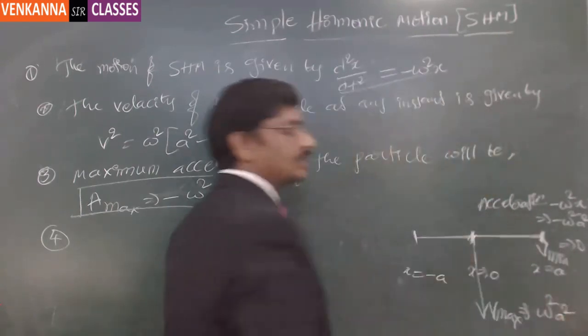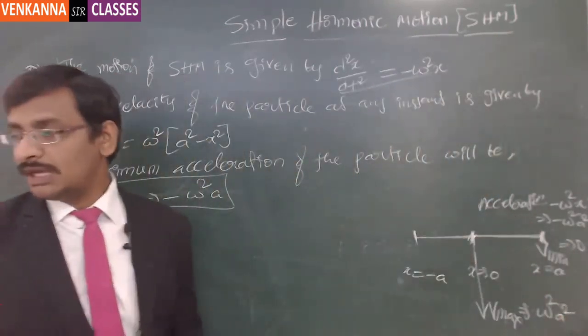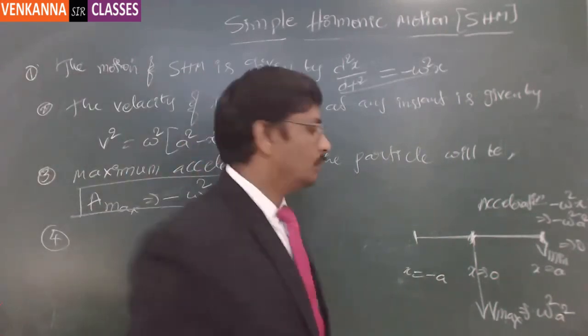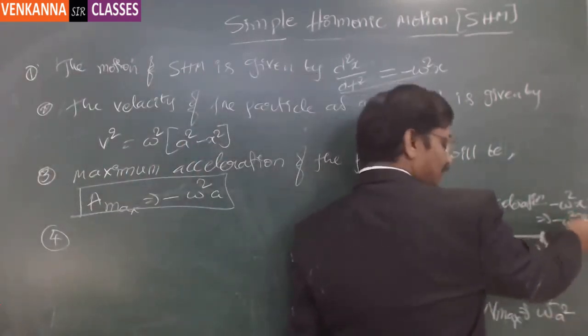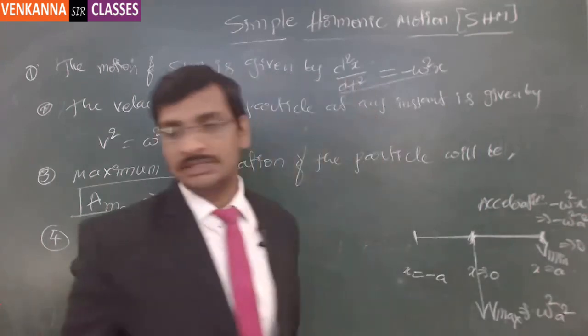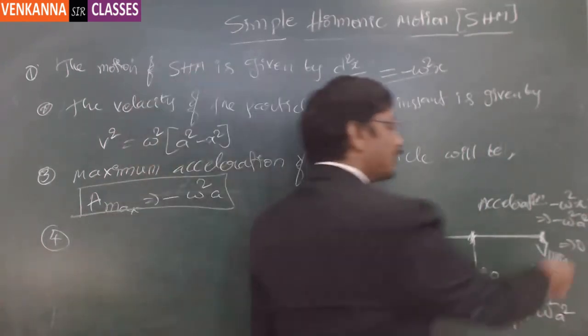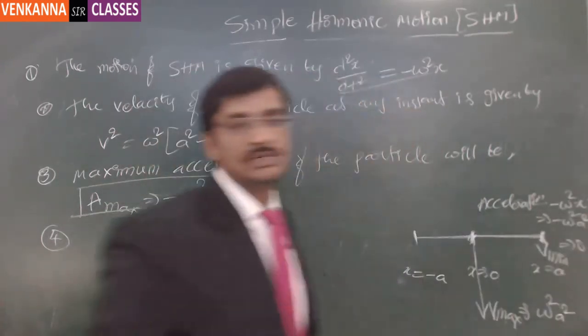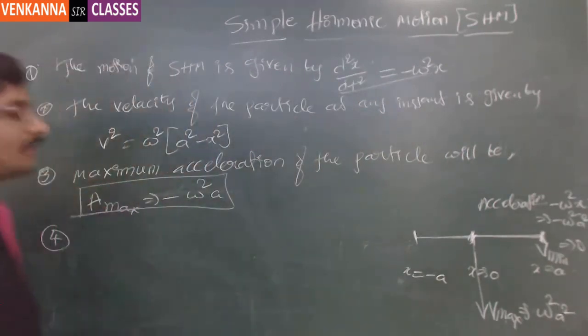Just a multiplication of a with the acceleration, if you multiply with a, you are going to get the maximum velocity. So a factor of a is different between the acceleration and the velocity, and that is only for the magnitude.